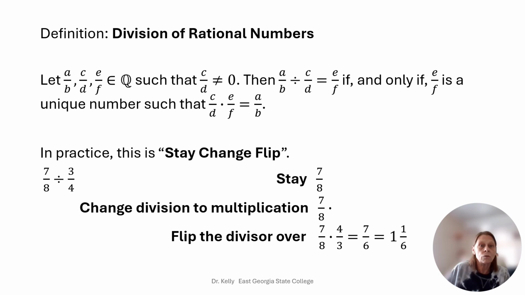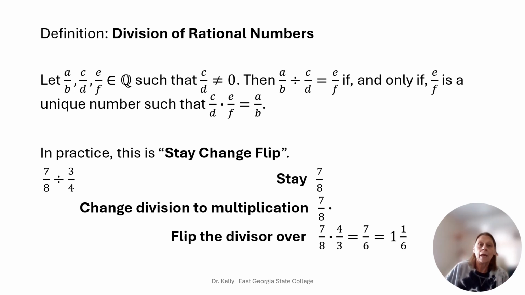The division of rational numbers. All right, so here's the official definition. A over B, C over D, E over F are all rational numbers such that C over D is not equal to 0. And of course, B, D, and F are also not equal to 0, or they would not be rational numbers, right? Can't divide by 0.